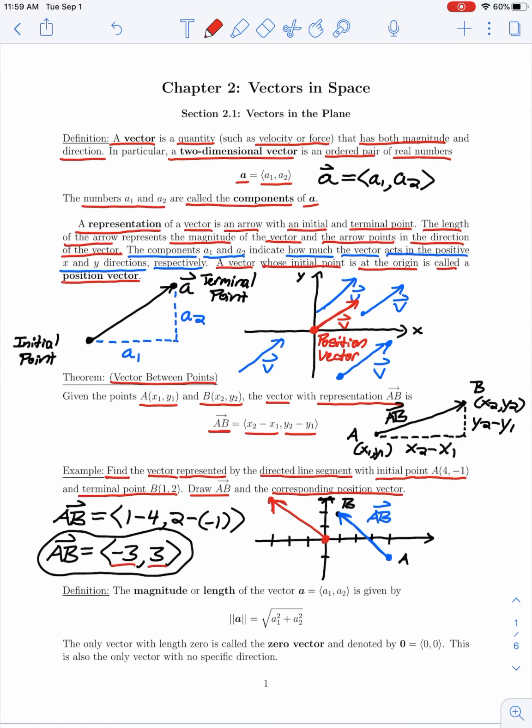I can see here that this is a representation of the same vector. They have the same length and the same direction. However, one has its initial point at the origin, so that is what we call the position vector.